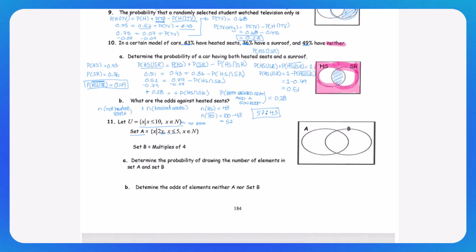So when x equals 1, the first number in the set is 2 times 1, which is 2. When x is 2, 2 times 2 is 4. The next number is when x is 3. Plugging it in, 2 times 3 is 6, and so forth and so on. We can do it that way, and that gives us these 5 numbers.